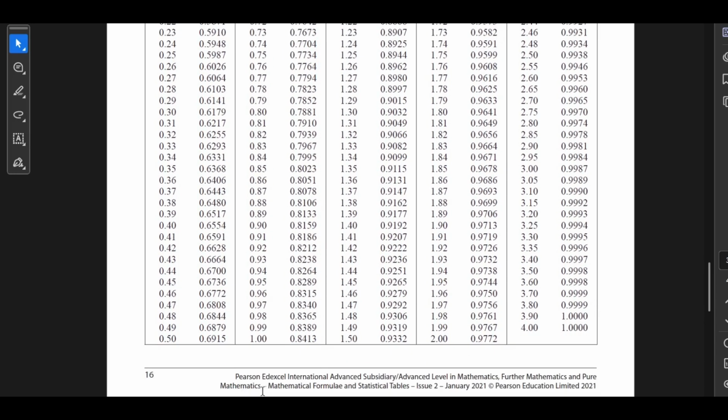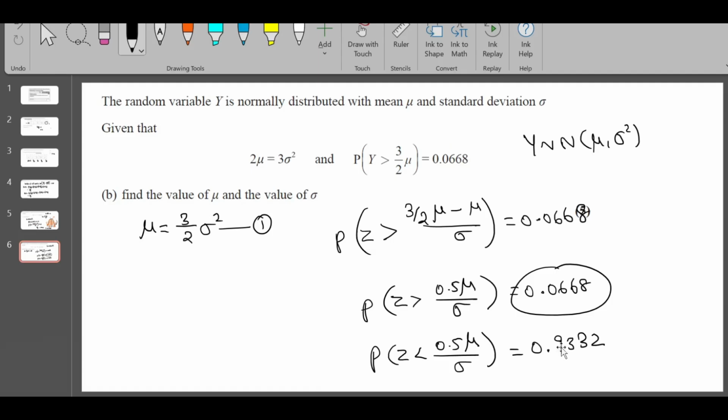We have 9332 here. The corresponding value is 1.5. So we know 0.5 mu over sigma is 1.5. So 0.5 mu is 1.5 sigma. That's equation 2.